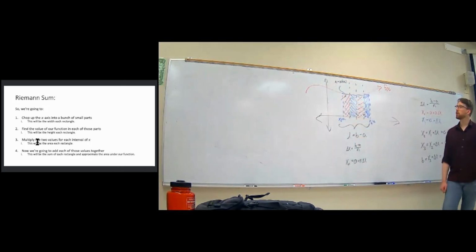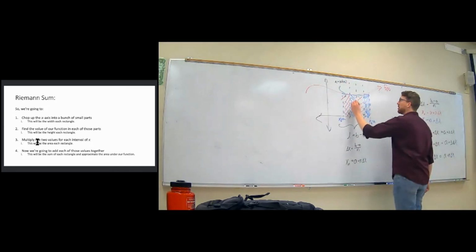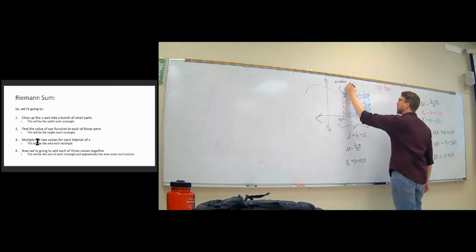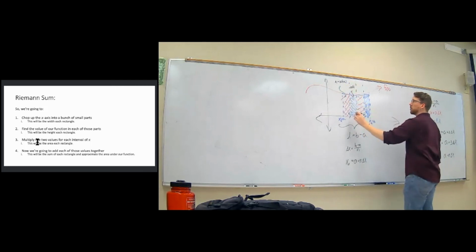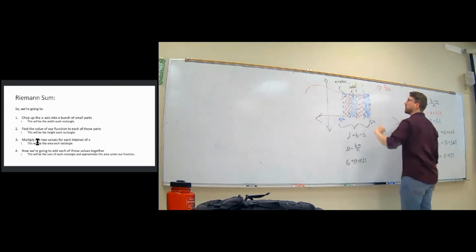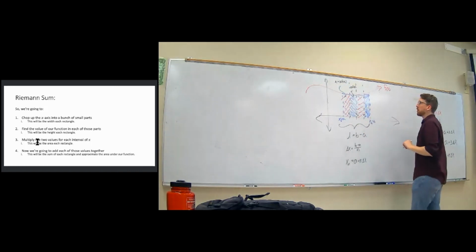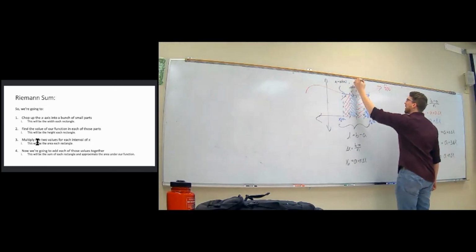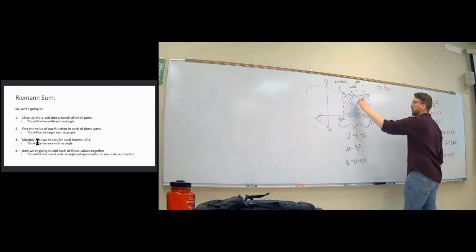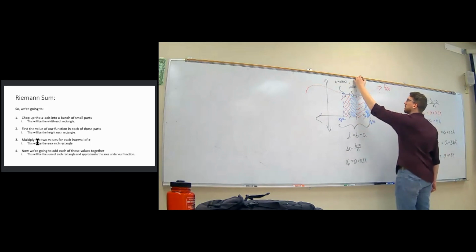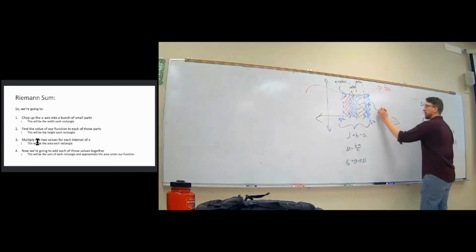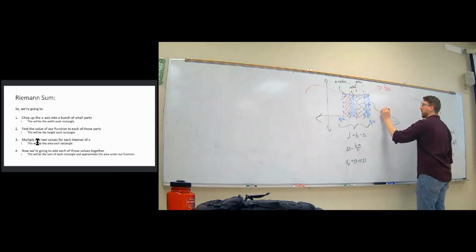Right? The second rectangle is going to be delta x times f evaluated at, well, the left corner here corresponds with x1, our function evaluated at x1. The third rectangle is going to be delta x times the function evaluated at, well, the height of our function is f of x2. And the height of our final rectangle is going to be delta x times f at x3.